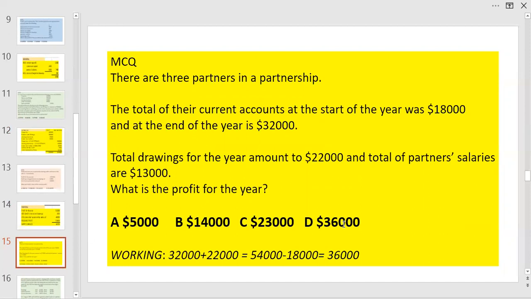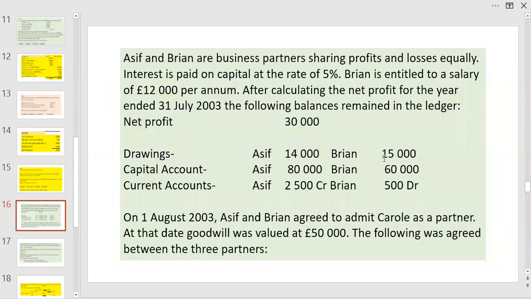Now the next question. A and B are business partners sharing profits and losses equally. Interest is paid on capital at the rate of 5%. Brian is entitled to a salary of 12,000 per annum. After calculating the net profit for the year ended 31st July 2003, the following balances remain in the ledger.